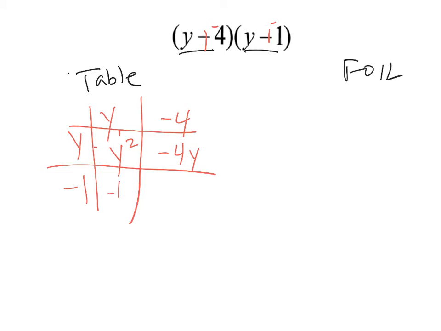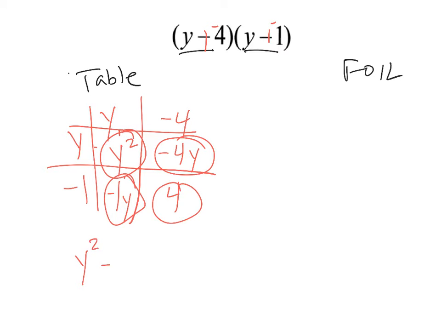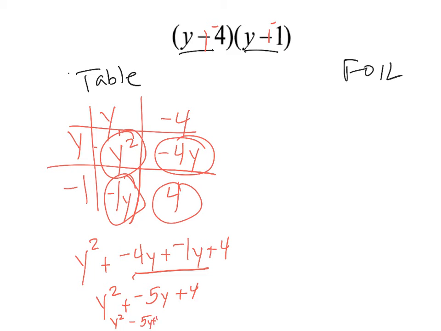Y times -1 is -1y. -4 times -1 is 4. Next, I'm going to add my products together. Y squared plus -4y plus -1y plus 4. Like terms, y squared plus -5y plus 4. And last, we simplify it. Y squared minus 5y plus 4. Remember that plus negatives is a minus sign.